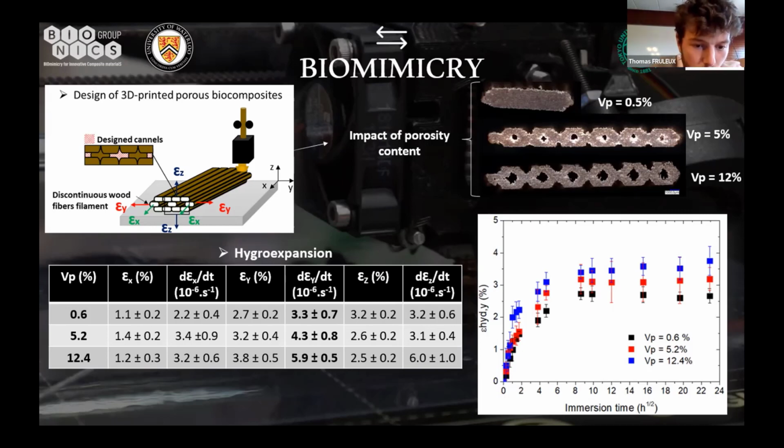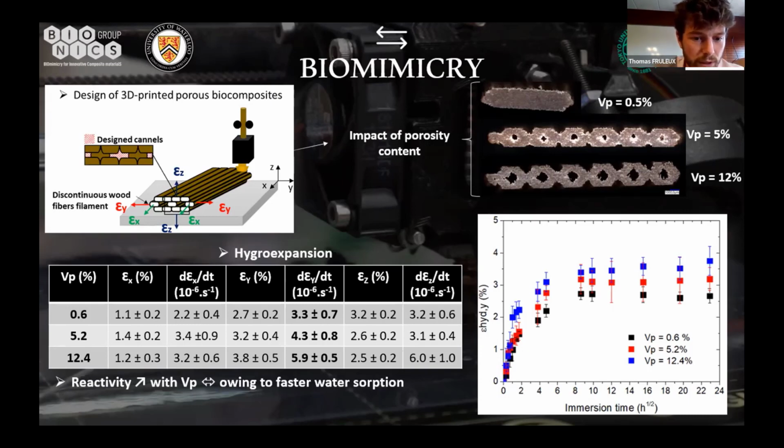And here you can see that we can increase this parameter by using porosity, because the water can go faster through the material, and so the hygroexpansion mechanism starts quicker.